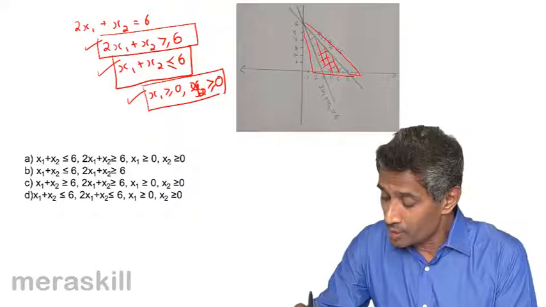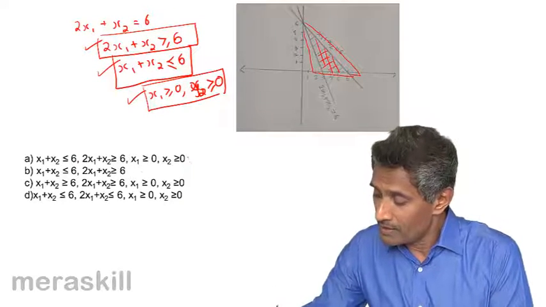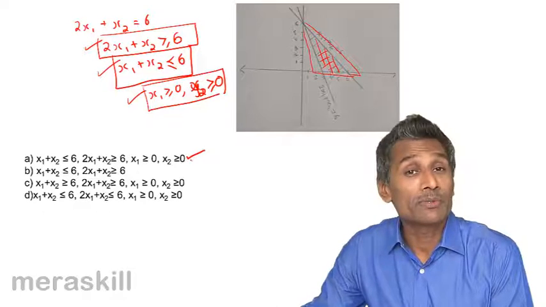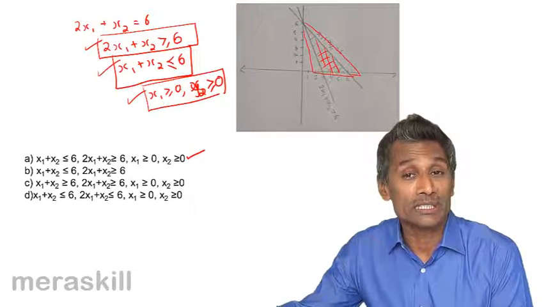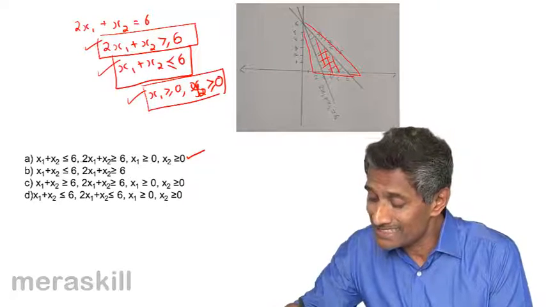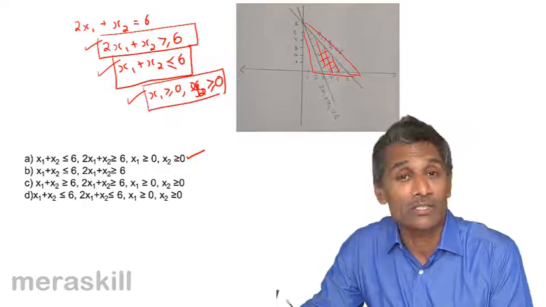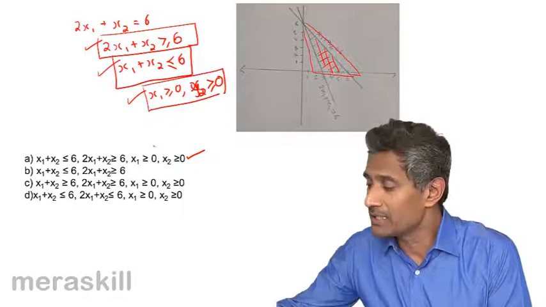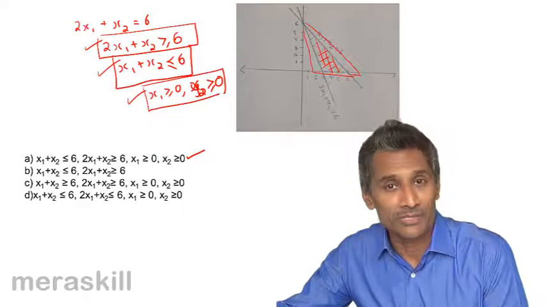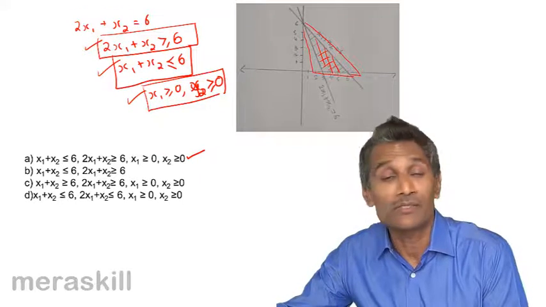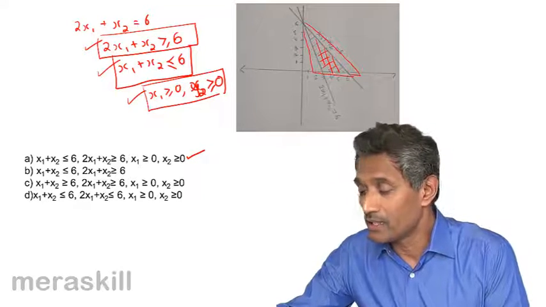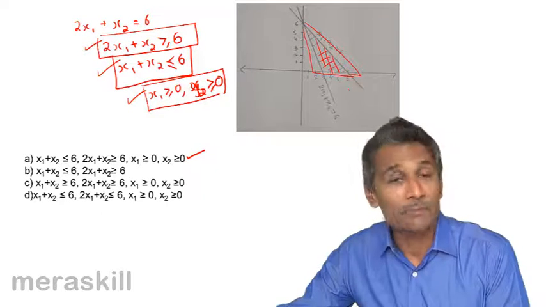So if you look at the options over here, it is the first option that seems to be satisfying all these four conditions simultaneously. Hence we say this particular set of conditions aptly describes this particular region on the basis of signs of inequations that are described by these particular lines.